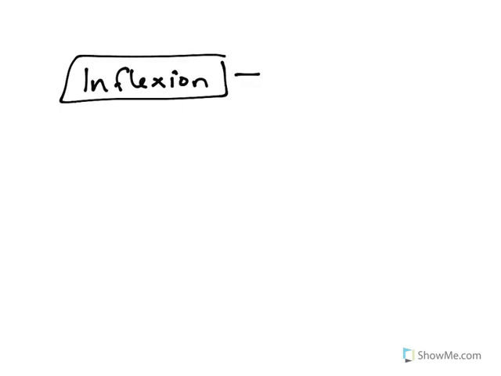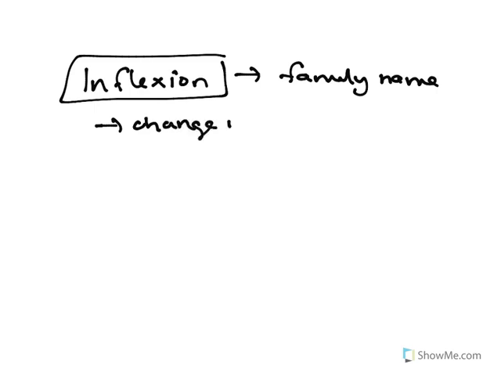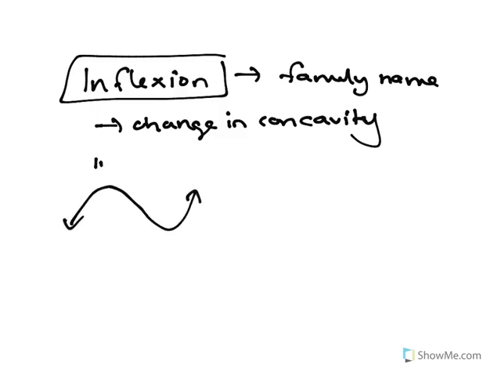So, as far as inflection points, inflection is like the big family name. And it's the family name for anyone in the family where there is a change in concavity. So usually it's just in between stat points.